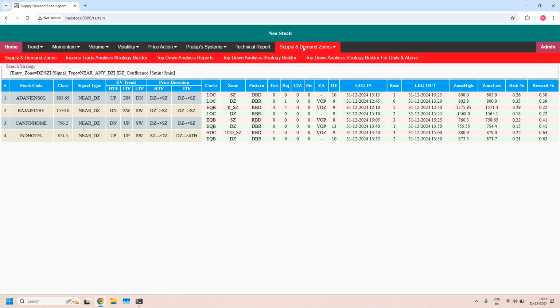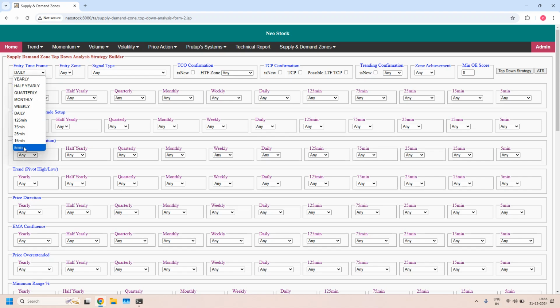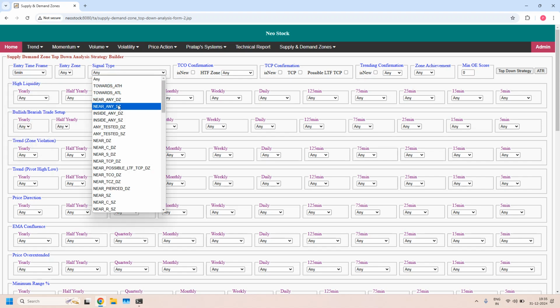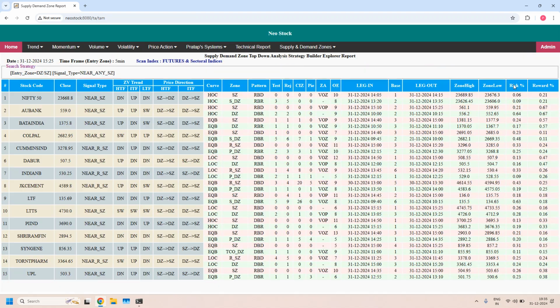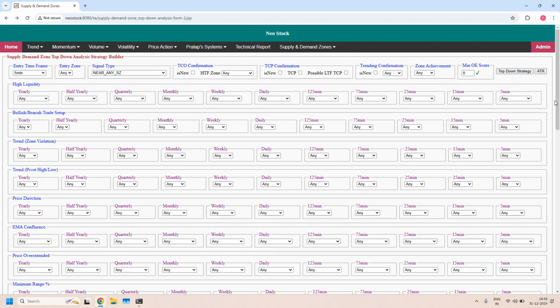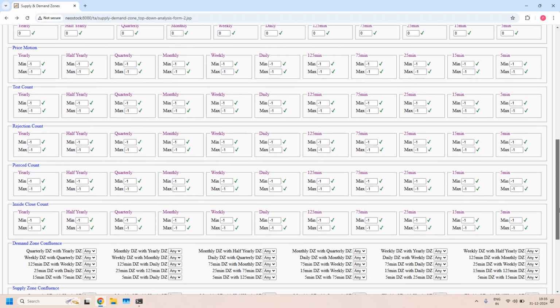Okay, next for 5 minutes time frame, stocks near 5 minutes supply zone, we got 15 stocks. Out of these 15, how many have ITF confluence? That is 5 minutes supply zone with 15 minutes supply zone confluence.